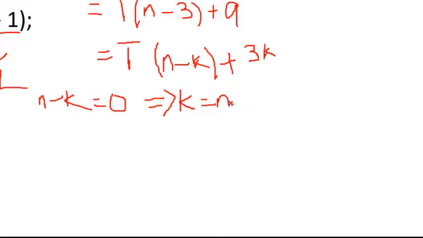So this expression would finally reduce to t of n equal to t of 0 plus 3n.